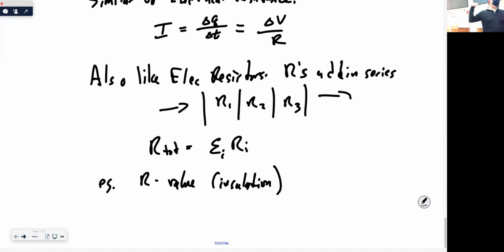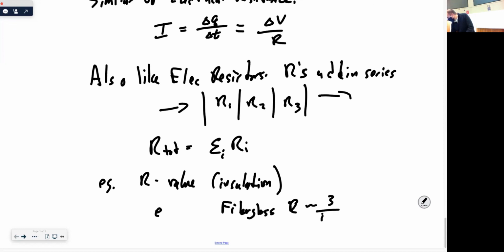This is a measure basically of thermal resistance. They're not going to give you units with it. You're going to have to look it up if you really want to know the units, and you'll cringe when you do, because I'm about to tell you what the units are. So for example, fiberglass has an R value of about 3 per inch of thickness.